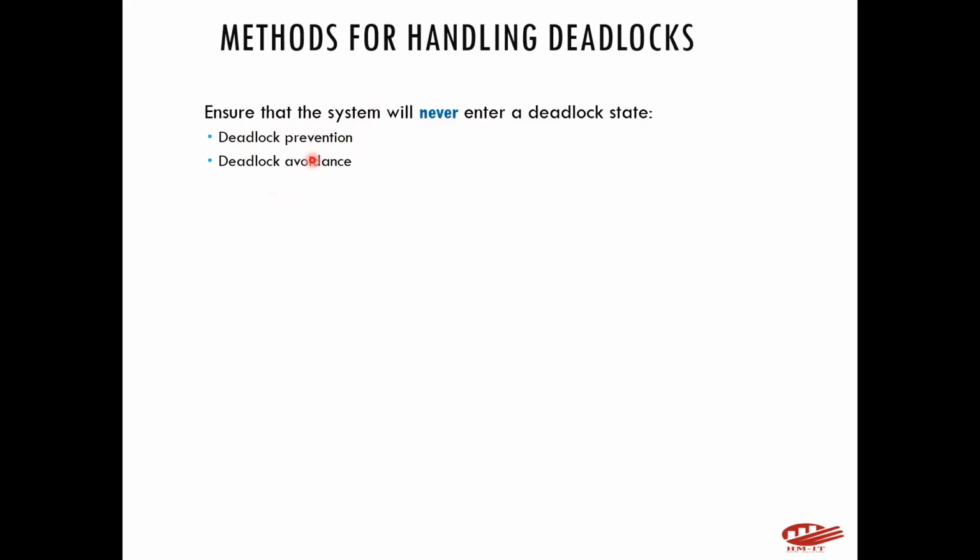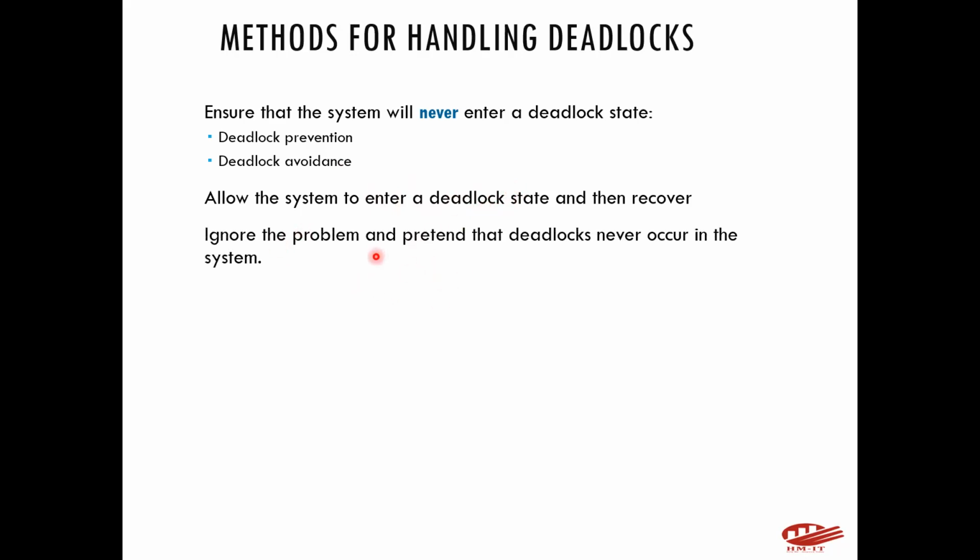So here, allow the system to enter the deadlock state and then recover. That's the concept mentioned here. Or ignore the problem and pretend the deadlock never occurs in the system. So these are the concepts which you can go on and read. This is the method for handling: prevention and avoidance, or allow it to happen and then recover, or ignore the problem altogether.